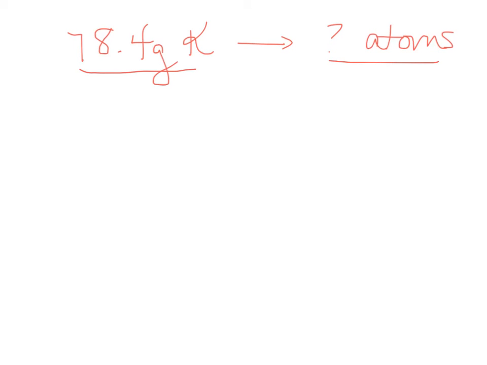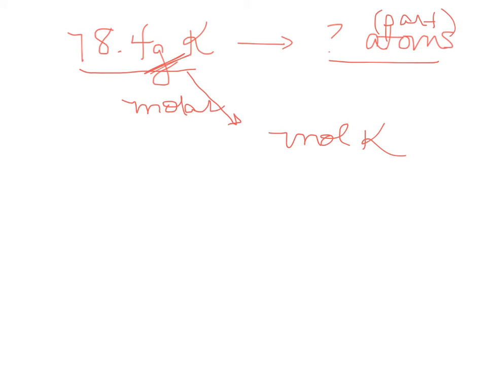If you look back at your mole map, it tells you if you want to get from grams to atoms, atoms are a type of particle, you must first convert to moles of potassium. And to go from anything involving mass, you need the molar mass. So the molar mass of potassium is going to be our conversion factor here.